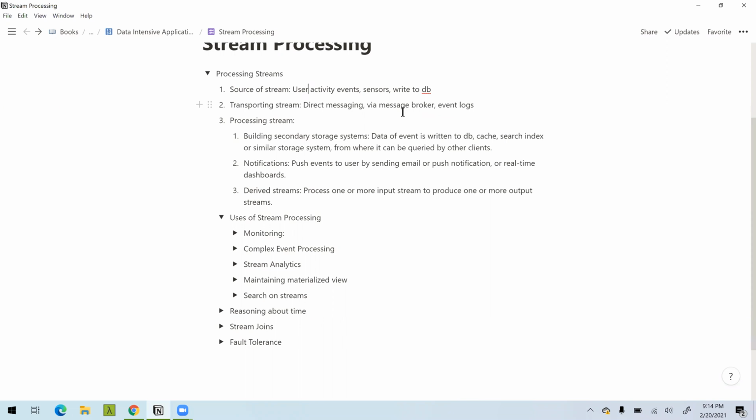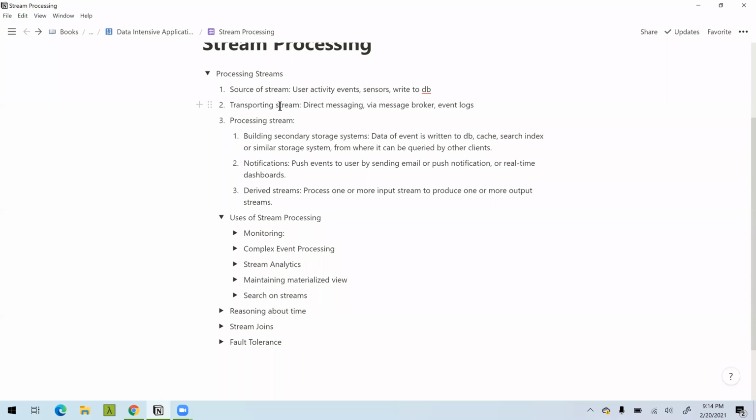So these message brokers typically would store your messages in a buffer in memory, and they will delete them once the messages are delivered. Whereas the event log is what Apache Kafka kind of systems are, where they keep your messages in the store and they never delete them, right? And so these were the three systems of transporting.